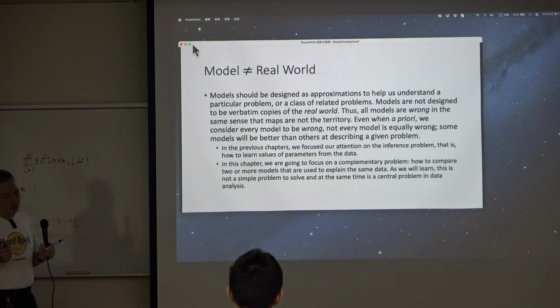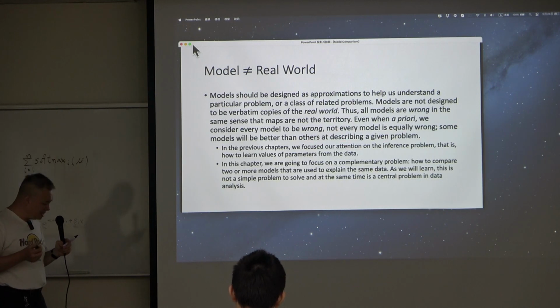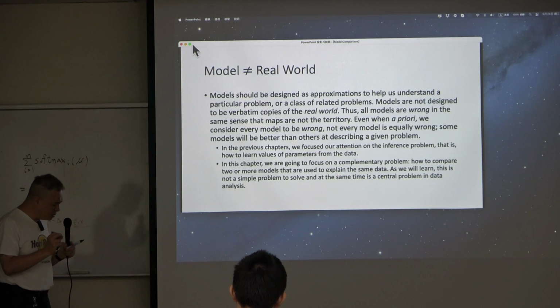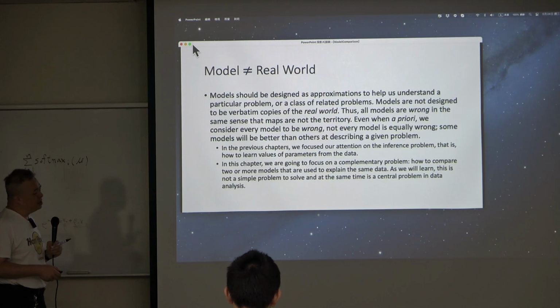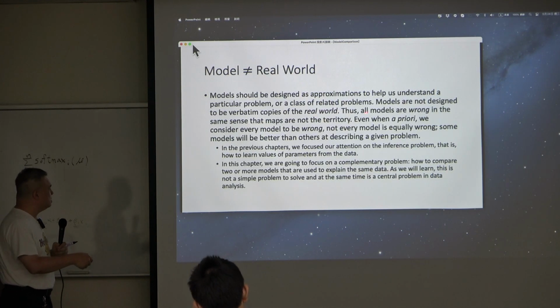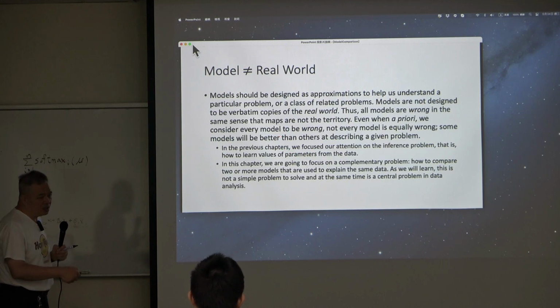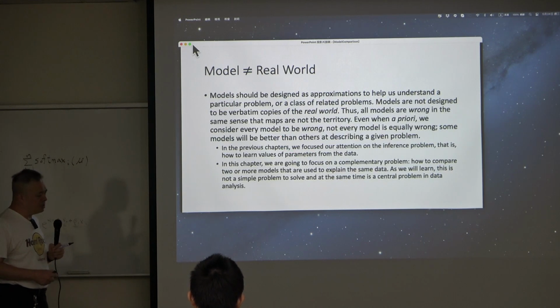You have to sacrifice some details in order to create a model. Otherwise it's impossible to create a model to accommodate all the tiny details, all the factors in the real world. That's just impossible.